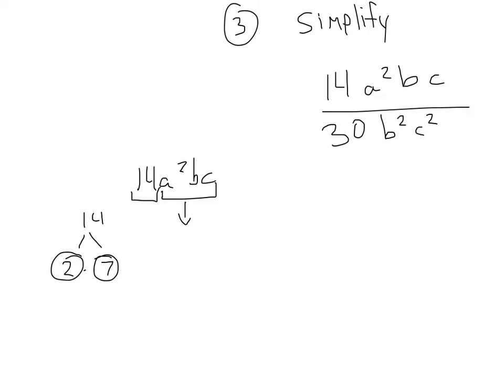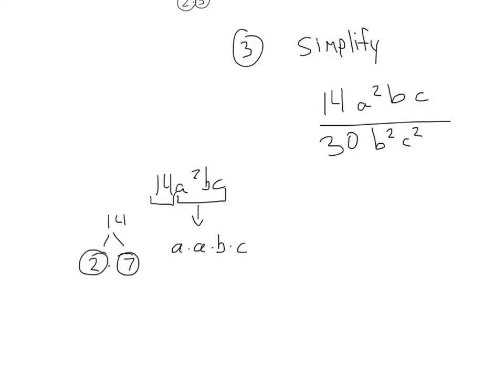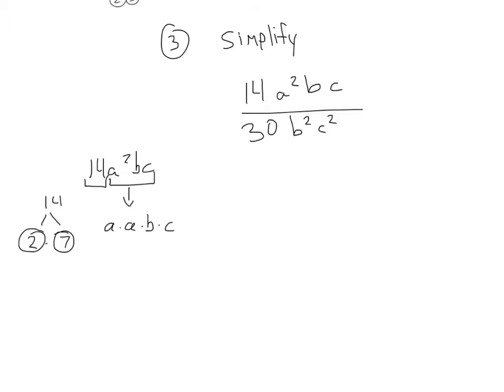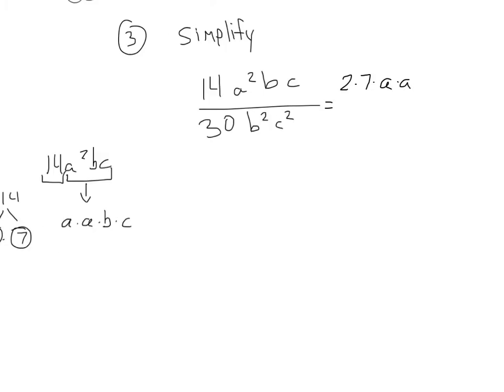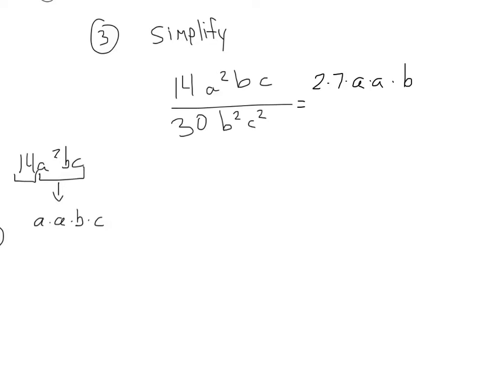Well, a squared is like saying a times a, and you have a b and a c, which is like saying times b times c, because anytime you have two letters right next to each other like that, it means multiplication. So if I'm going to rewrite the numerator of my fraction, it's going to become 2 times 7 times a times a times b times c over what?